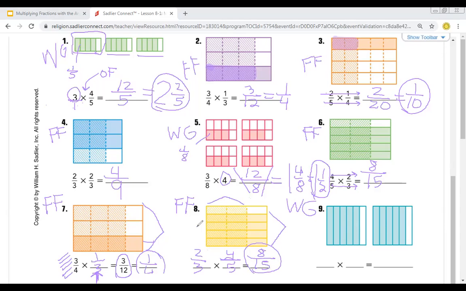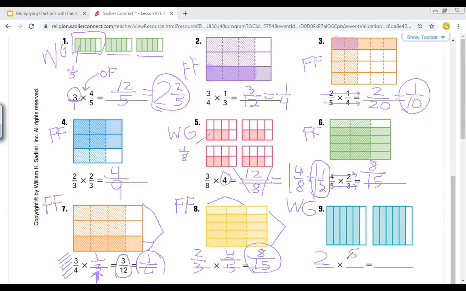All right, the last one here is showing groupings, right? Whole number groupings. How many groupings are there? 2. There's 2 groupings, and each of those groupings has a name, right? What fraction is represented in number 9? 5 parts are colored out of 6.